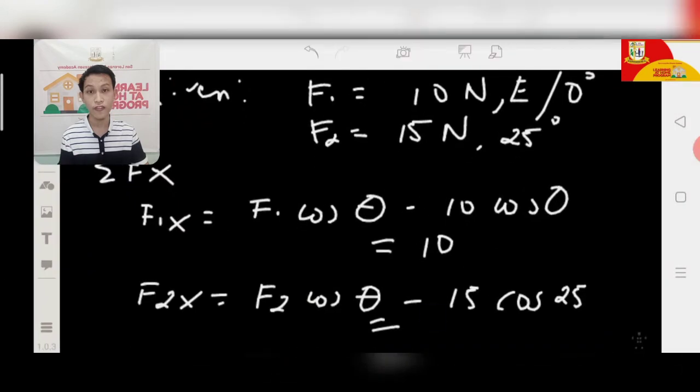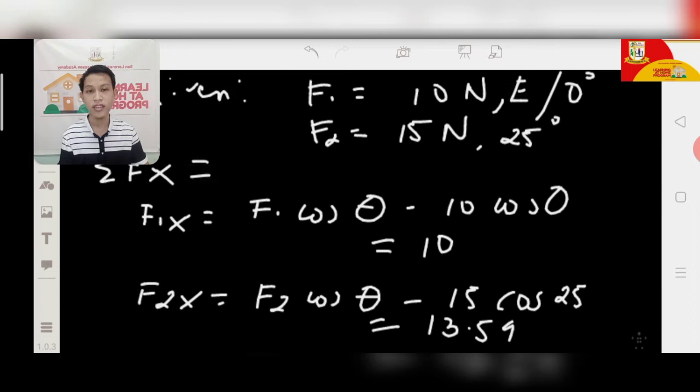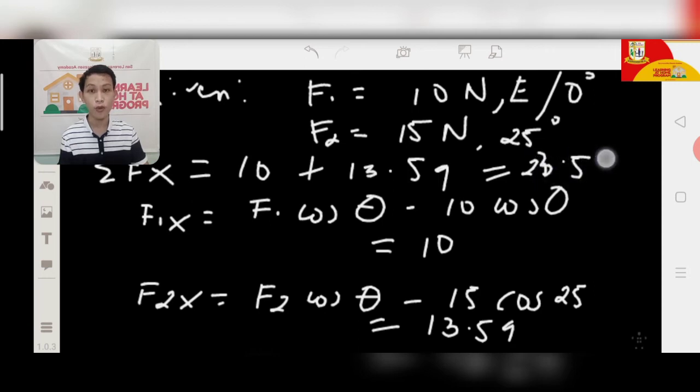Round off to two decimal places. Now we will get the summation of f of x. We have 10 plus 13.59. We will get 23.59, and that is our horizontal component, or our summation of f of x.